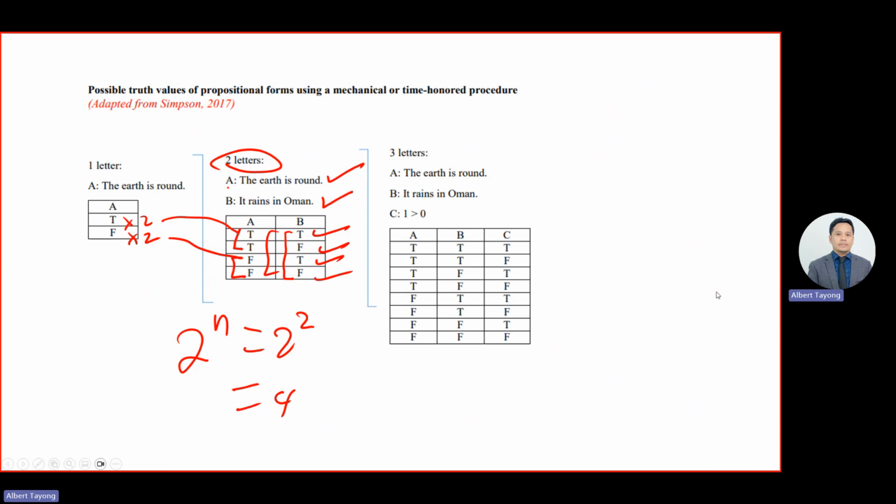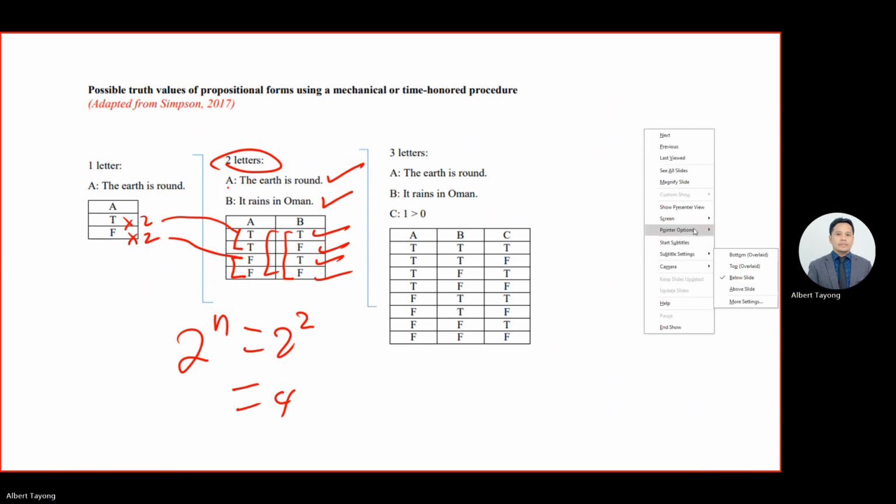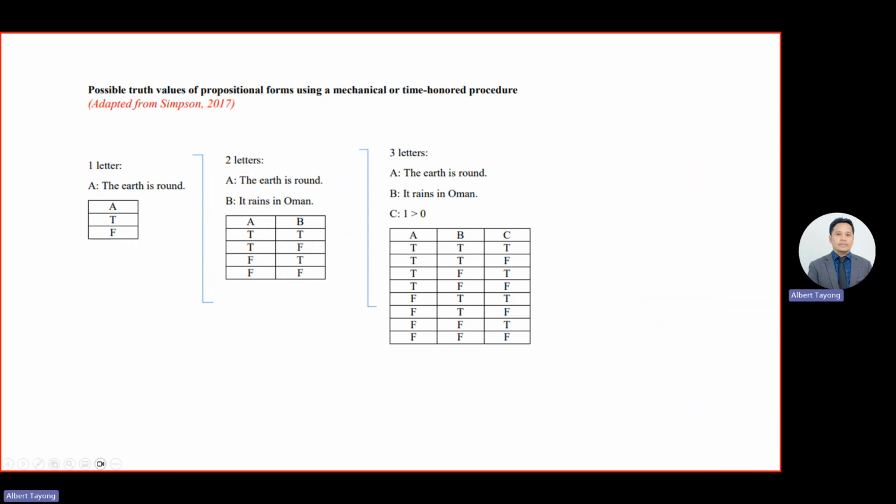So what does this mean? It could be that the first is true and the second is true. It could be that the first statement is true and the second is false. It could be that the first is false, the second is true, or it could be both false.